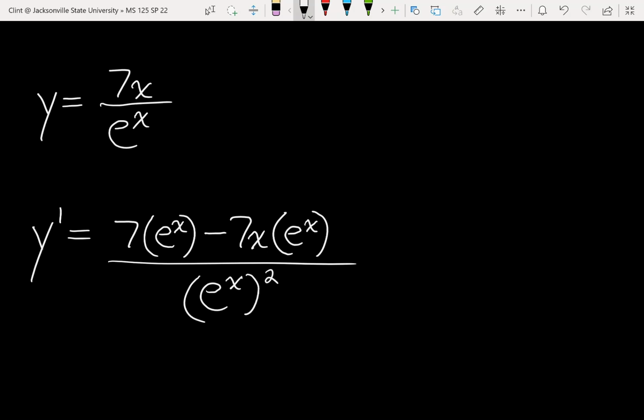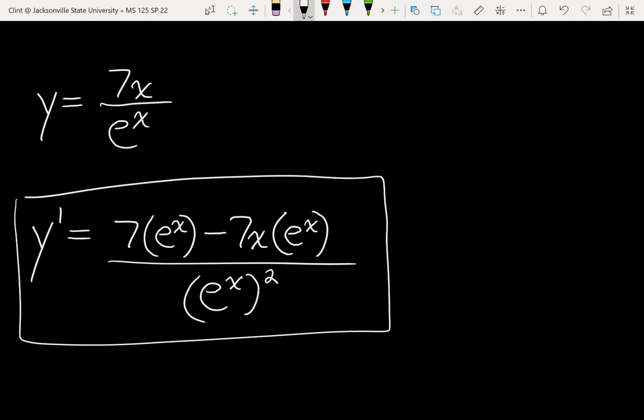That one probably simplifies way down because we've got a 7e to the x in common in the top. We can factor out and cancel that with the e to the x's in the bottom, but that's the derivative part. Right, so that's not too bad. That one I would probably go ahead and do quotient rule on, maybe.